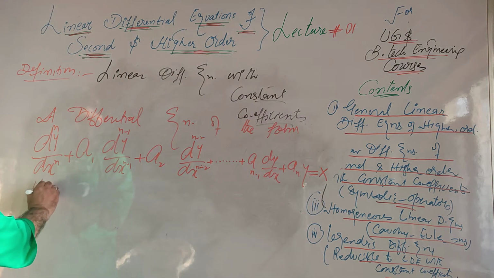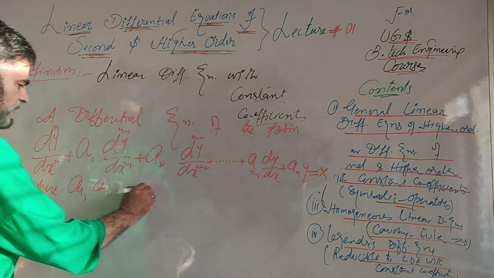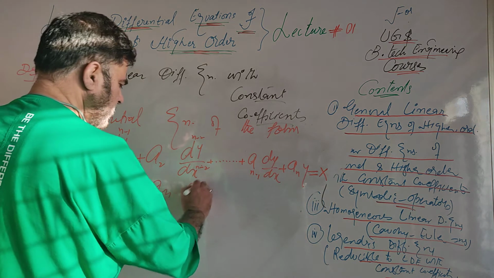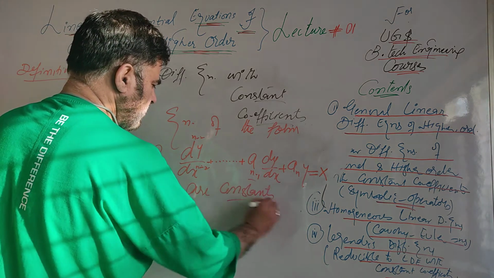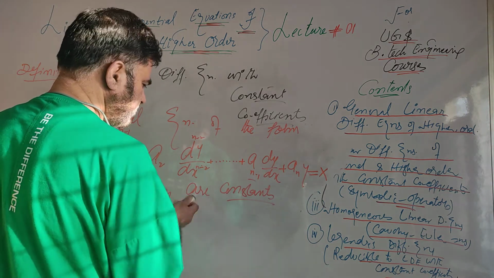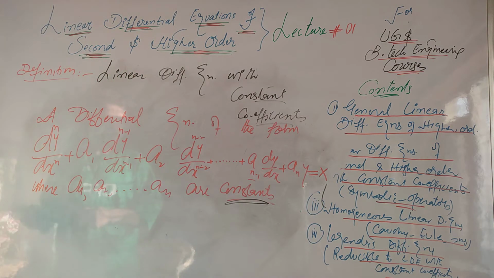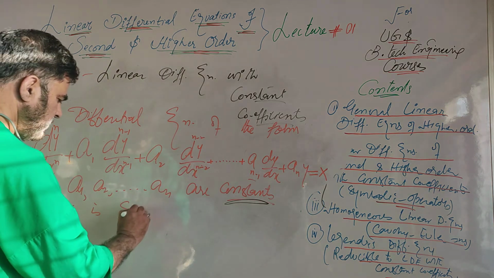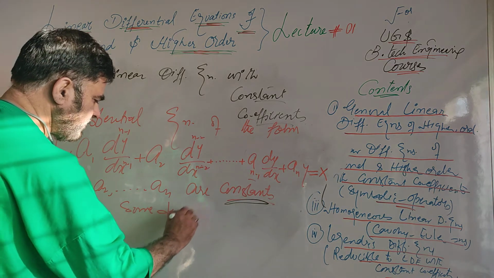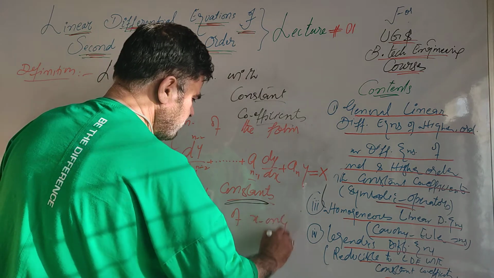Where a1, a2, up to an are constants. Remember that these are constants, and capital X on the right side is some function of x only.